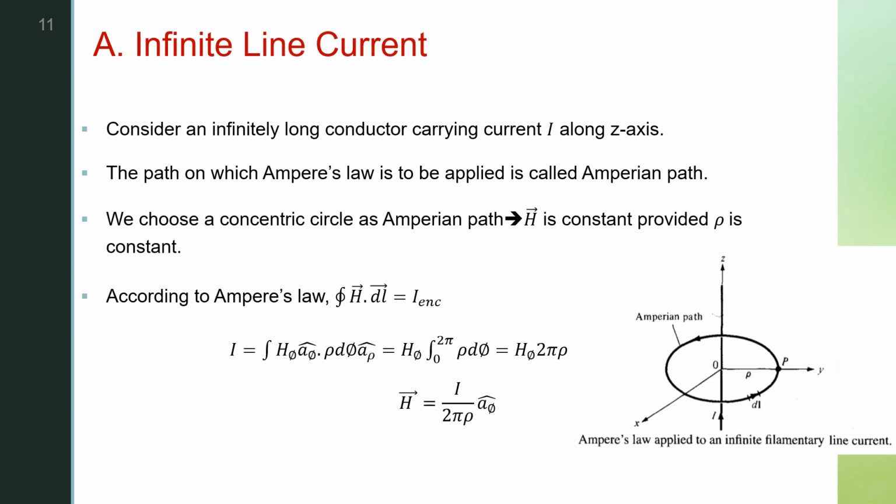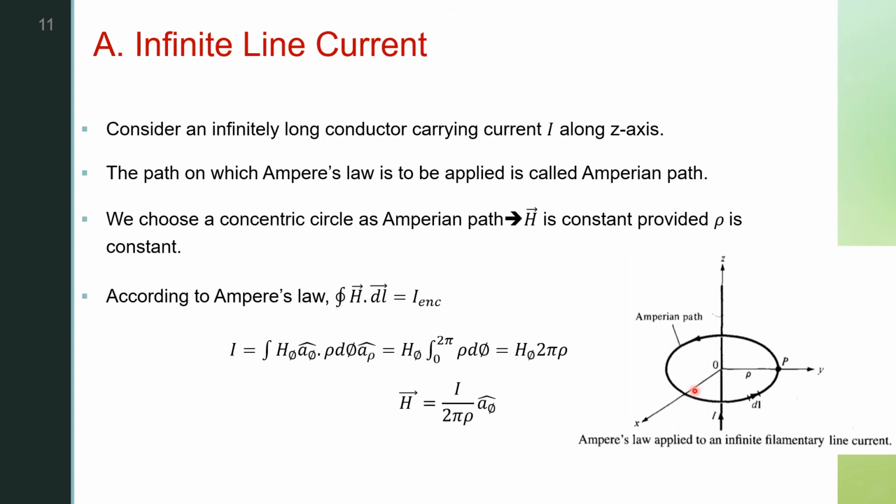Infinite line current. Consider an infinitely long conductor carrying current I along the z-axis. The path on which Ampere's law is to be applied is called the Amperian path, something similar to the Gaussian surface when we learn Gauss's law. So here we have the Amperian path.